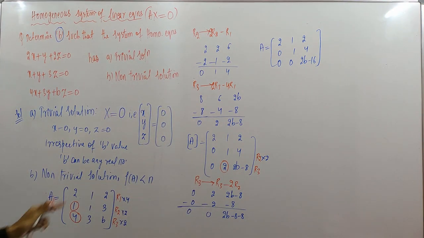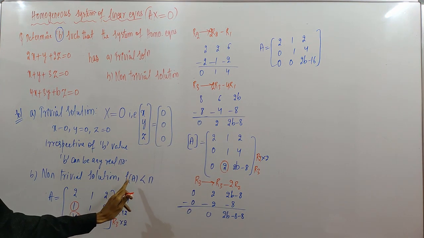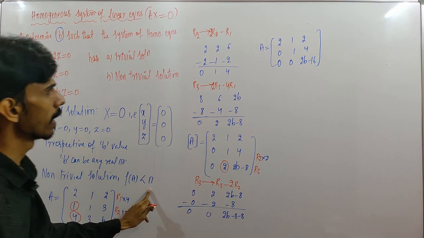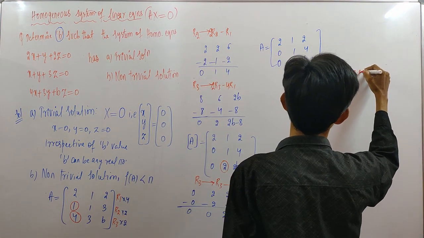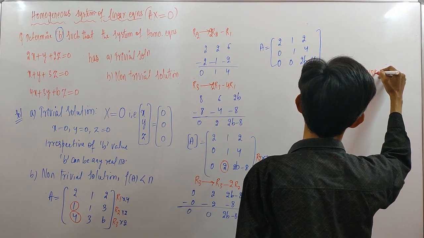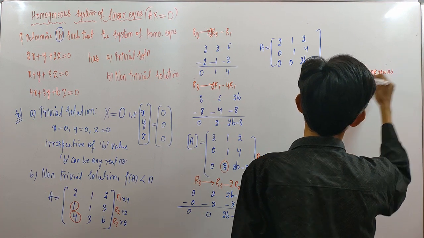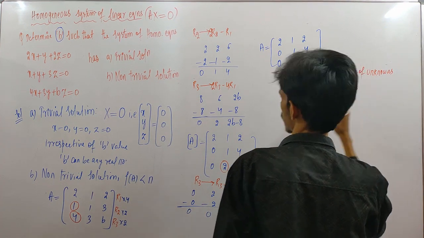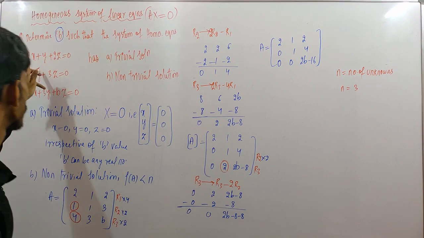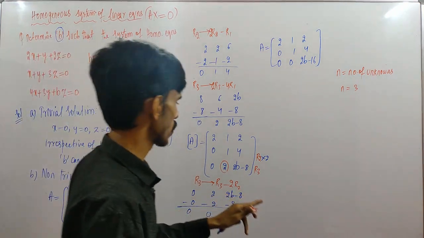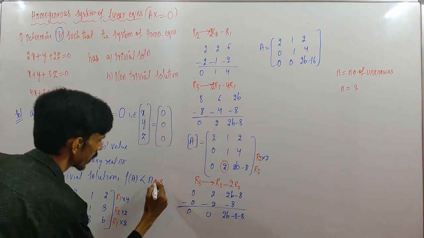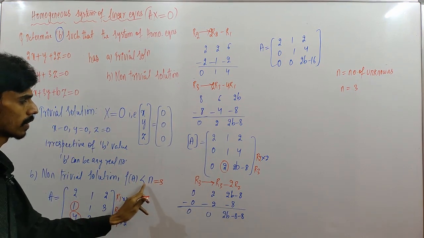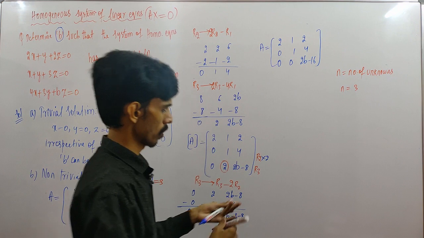For a non-trivial solution, the rank of A should be less than n. n means the number of variables, the number of unknowns. We have n value as 3, since we have 3 variables x, y, z. So for the rank to be less than 3, the rank of A should be 2.